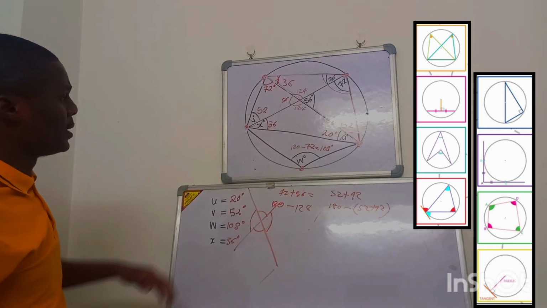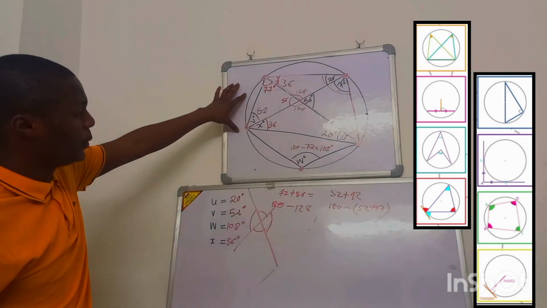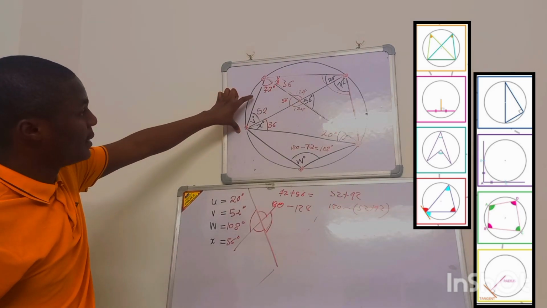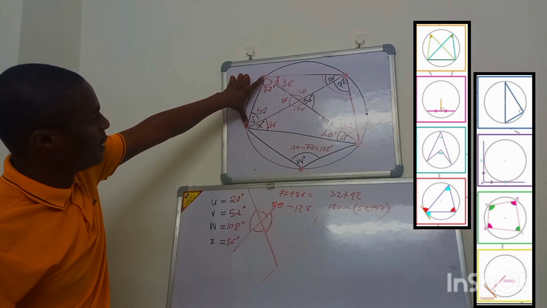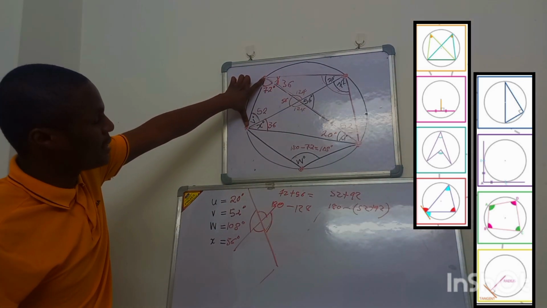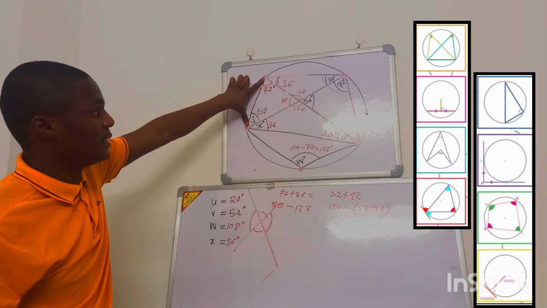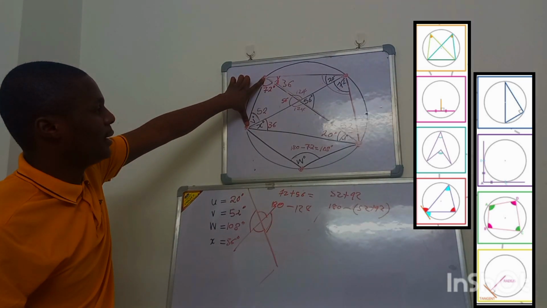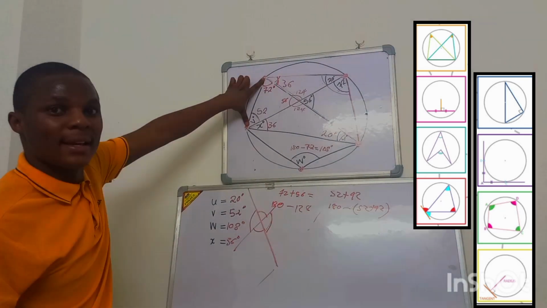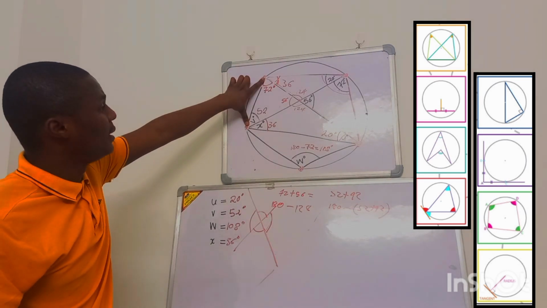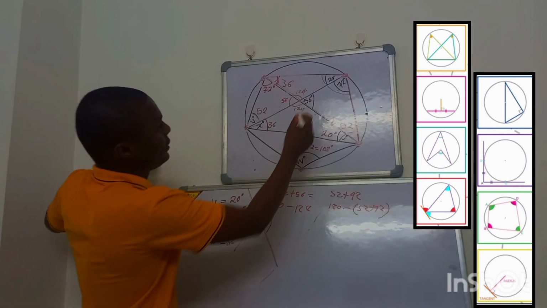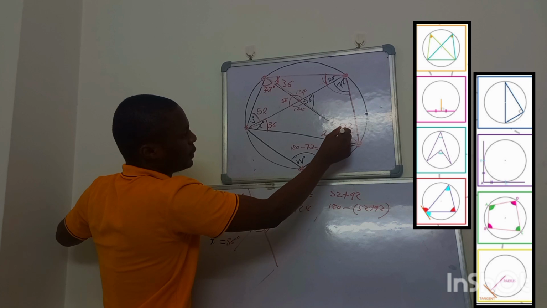That's all. So the theorem which was ruling here is that the angles subtended by the same chord are equal. Usually they call these owl's ears, like where we have these two angles equal, 20 and 20.